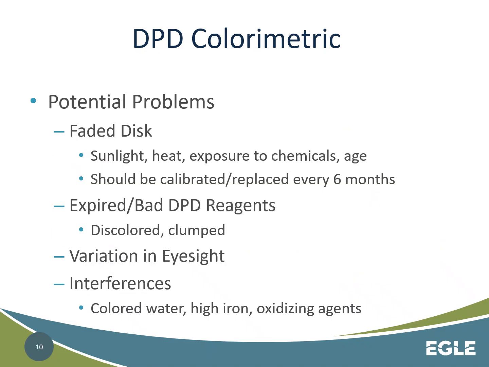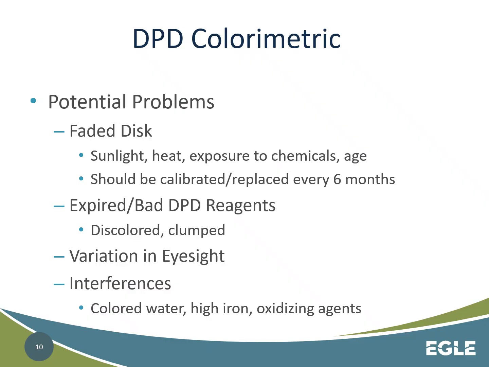Now, here are some potential interferences you see. Like I was just saying, often with the color wheel you get faded discs because they are left exposed to the elements and sun that fade them. If you have a bad light source, you're not going to get a good read because the colors will seem a little off. It's open to interpretation. Everyone is going to have a different interpretation of what that color shade is in comparison to the wheel.